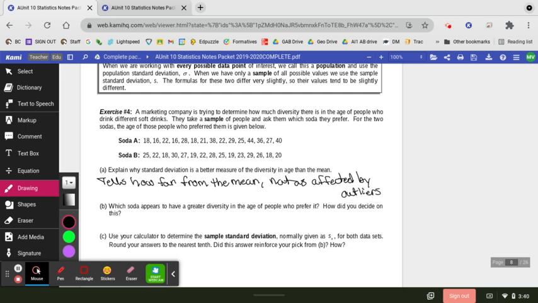Which soda appears to have a greater diversity in the age of the people who prefer it? So we're going to look at the list. So it's soda A because the range is larger.